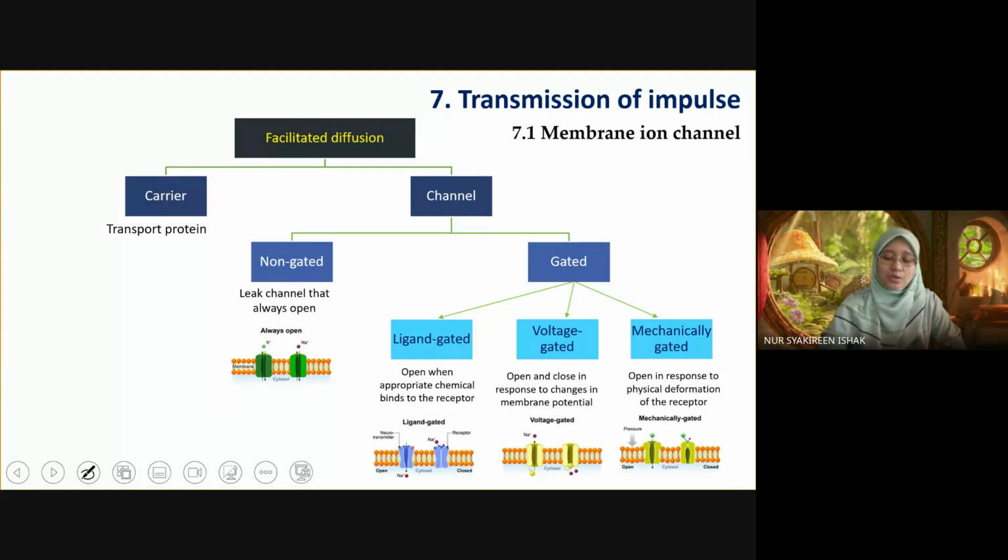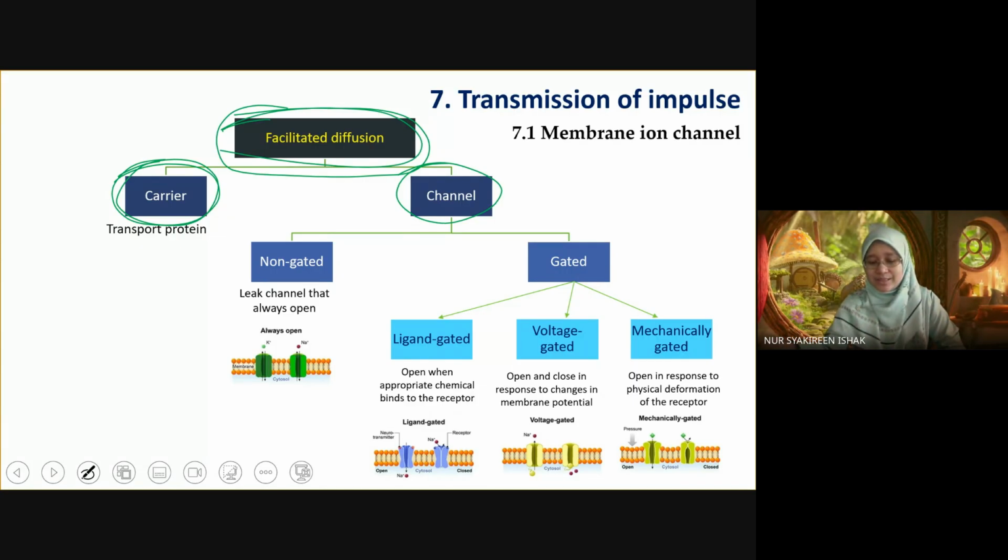We know that the process of facilitated diffusion involves either carrier protein or channel protein. Carrier protein, in this case, can be involved in facilitated diffusion. Another function of carrier protein is in active transport. For neuron, it does not involve any carrier.